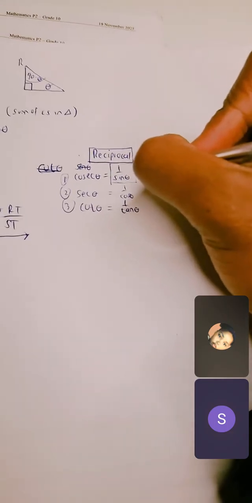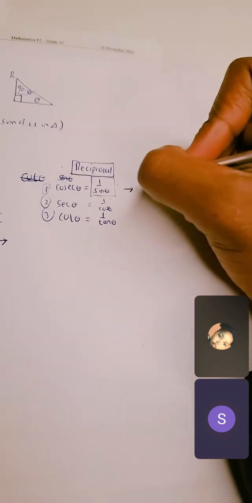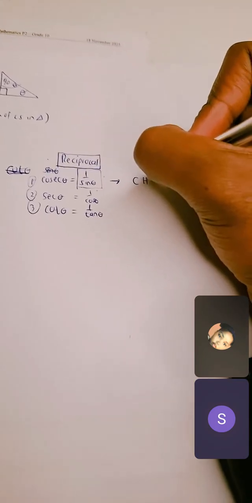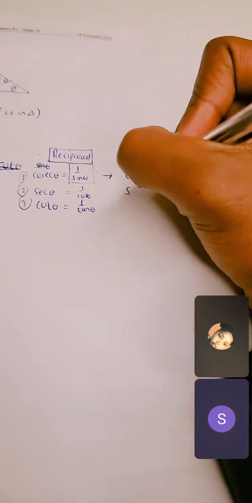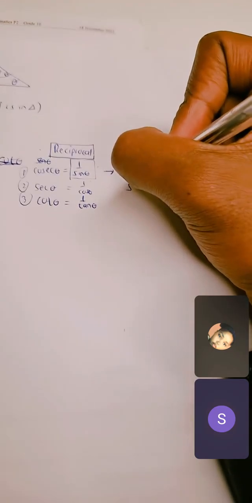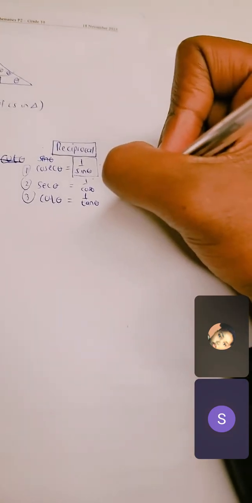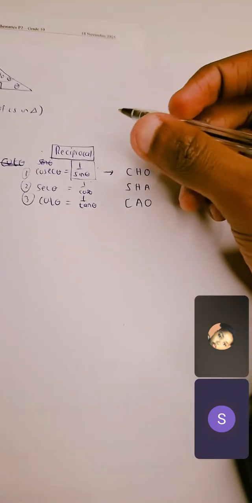Now, in as much as you know that sine is opposite over hypotenuse, cosec is hypotenuse over opposite. Sec is hypotenuse over adjacent, and cot is adjacent over opposite.